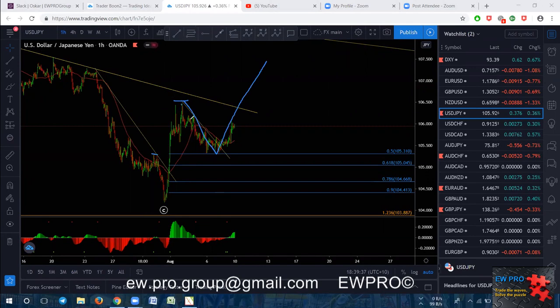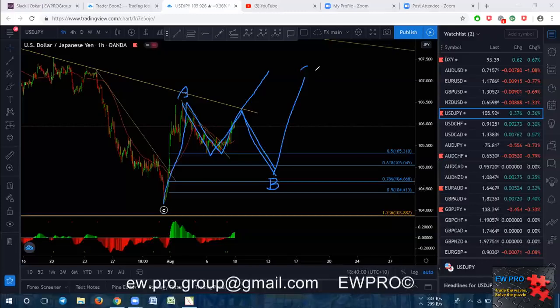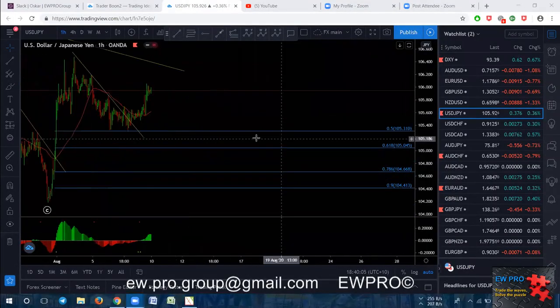This can become more complex, like an A, B, C in here, and then it will go from here and give you the A, B, C, or it's a more complex B wave, the A, B, and the C goes up from here. So if you get the buy setups, you want to look for the buys.